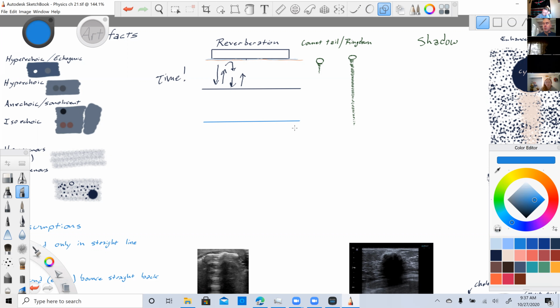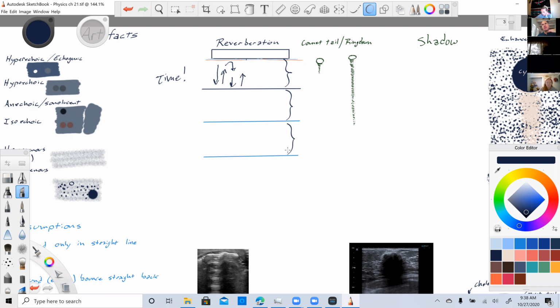So if you're wondering whether you're looking at a reverberation artifact or some other kind of artifact, one thing to note is that the distance between here and here will be the same as there to there, and the same if you can see a third one.